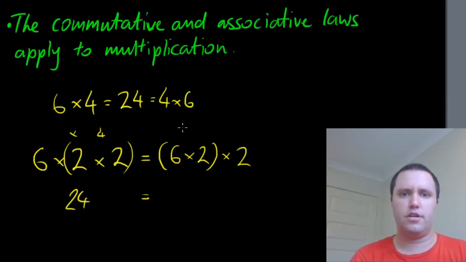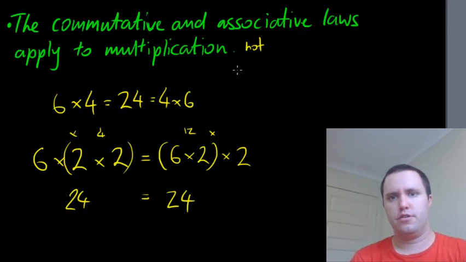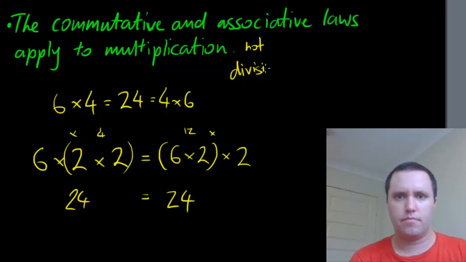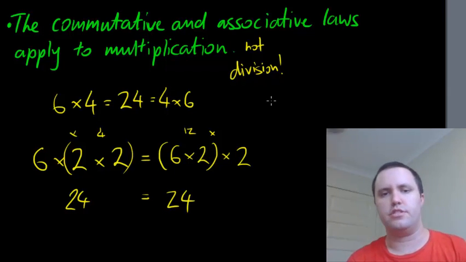It's the same as 6 times 2 is 12, times 2 is 24. How surprising. So both that commutative and associative law work for multiplication, not division though. Okay, so only use it with multiplication, don't use it in division.